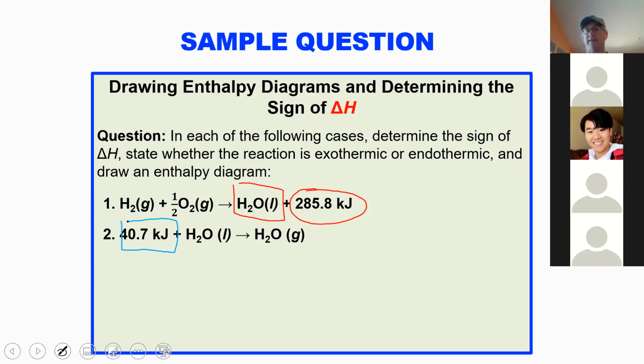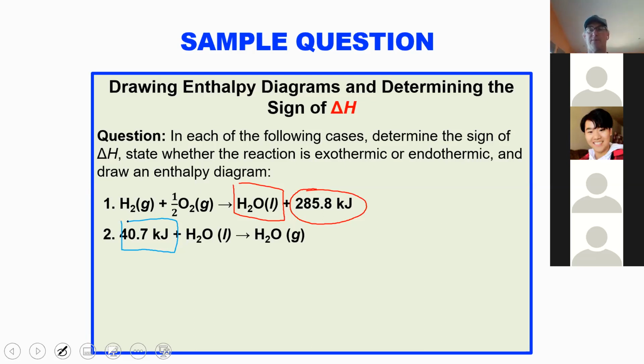If we just have a glass of water sitting there, it's not going to do anything until we either put it in the microwave or put it in the freezer, or we have to do something to it. In this instance, we need to add energy to it in order to get it to turn into a gas. So that is our second reactant: heat plus liquid water gives you gas.